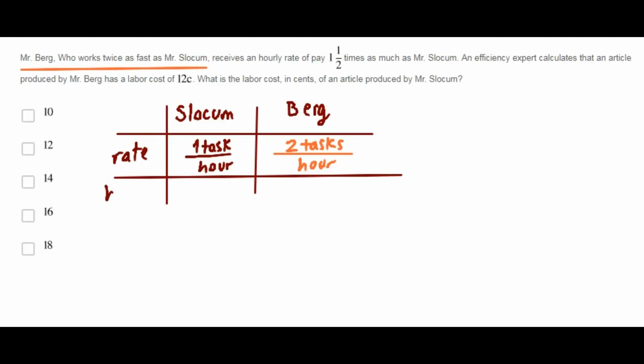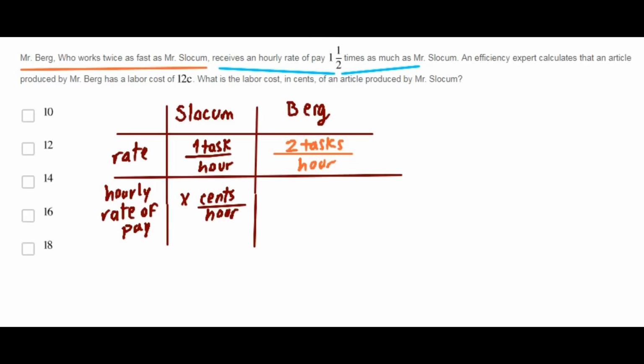Now, for the hourly rate of pay, let's assume that Mr. Slocum receives X cents every hour. They state that Mr. Berg receives an hourly rate of pay 1.5 times as much as Mr. Slocum.